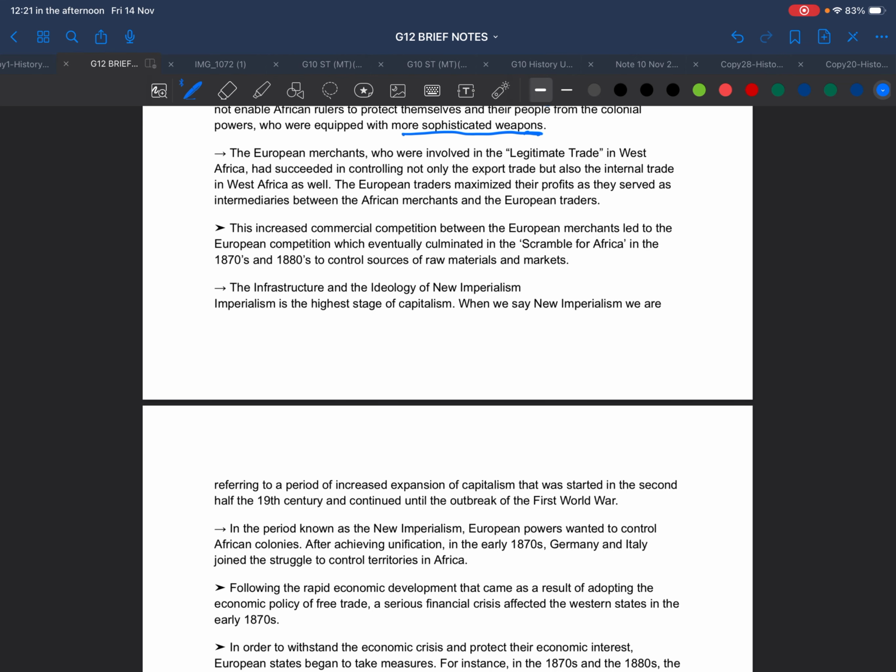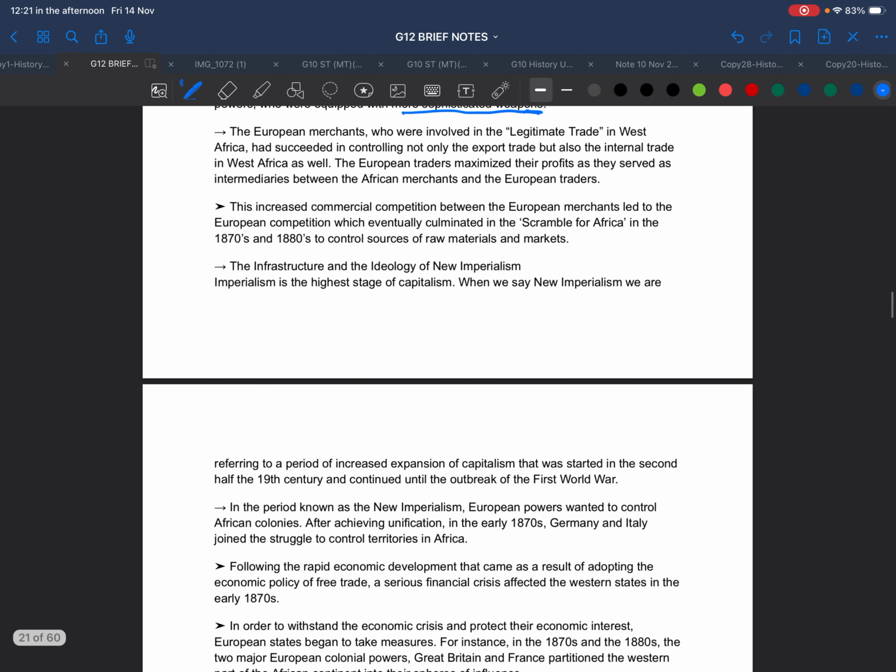The European merchants who were involved in the legitimate trade in West Africa had succeeded in controlling not only the export trade, but also the internal trade in West Africa, which is very clear.